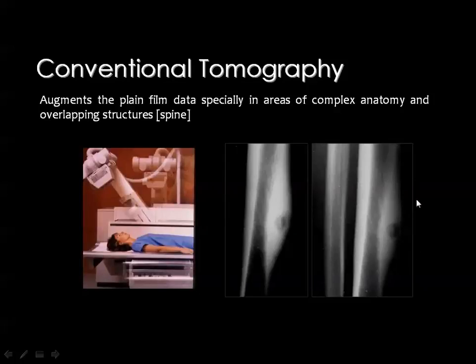Then you know that after the major advances in the CT scan and the MRI, the use of conventional tomography has regressed markedly in the diagnostic battery. In the era before these advancements, we used to have conventional tomogram for areas, especially those in the spine, and sometimes in cases such as this example, a case of osteoid osteoma in the cortex of the tibia.